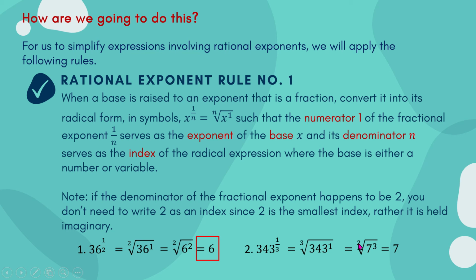This should be cube, okay? It is not square root of 7 cube. That is cube root. So 7 cube is 7 times 7 times 7. That is exactly 343. And that cancels our index 3. It is 3, not 2 here. So the index 3 and the exponent 3 cancel. The 7 comes out because 343 is a perfect cube. The root is 7.